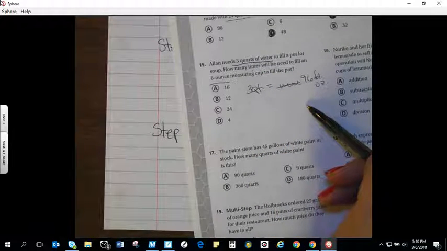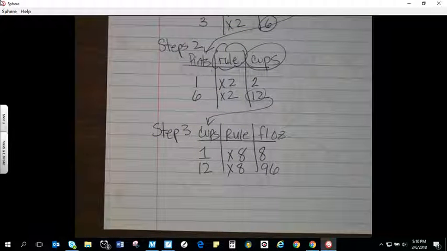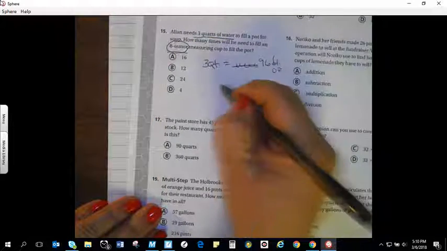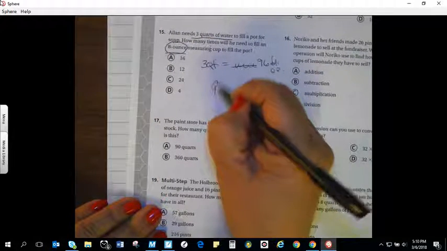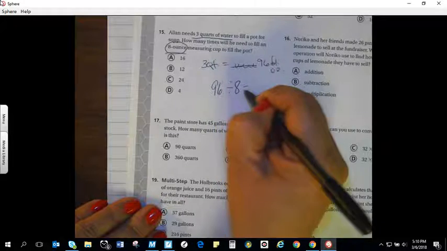So what do I need to do then? I hear somebody yelling out, I need to divide. So you're absolutely right. So what am I going to need to divide it by? Well, if each cup is 8 fluid ounces, then I'm needing to take my 96 divided by 8, and that gives me what?